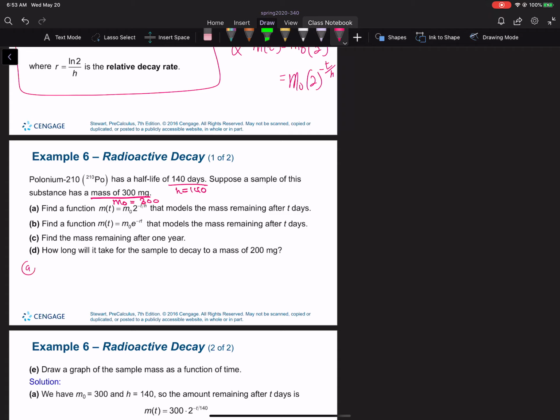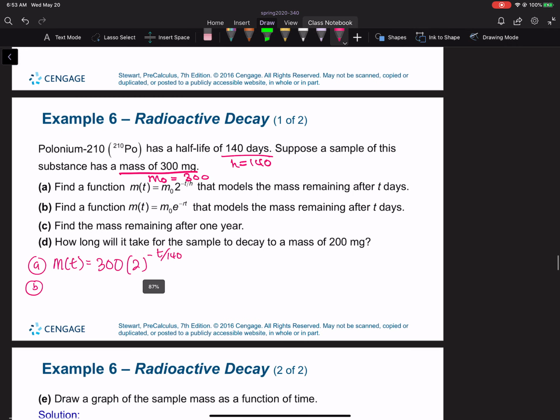So if I set up A, m of t is equal to 300 times 2 to the negative t over 140. And B is m of t is equal to 300 e to the negative r t.